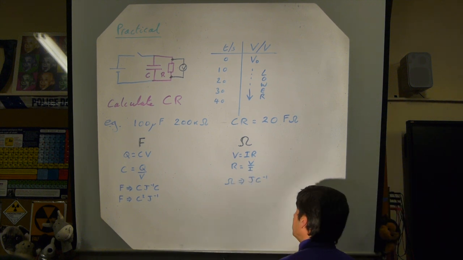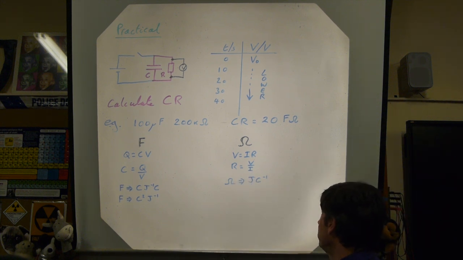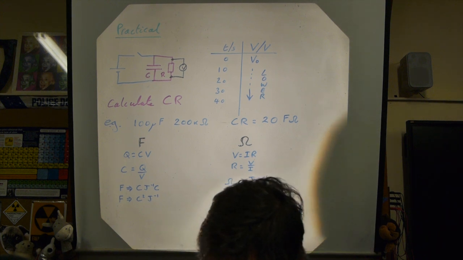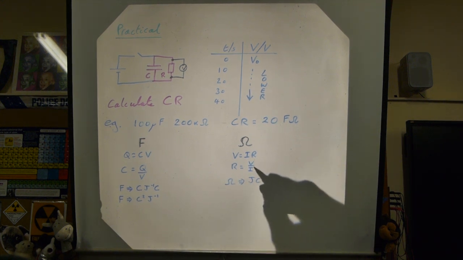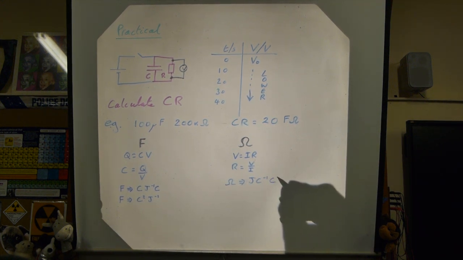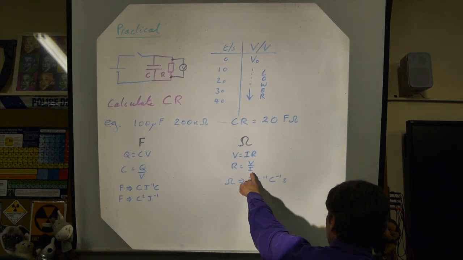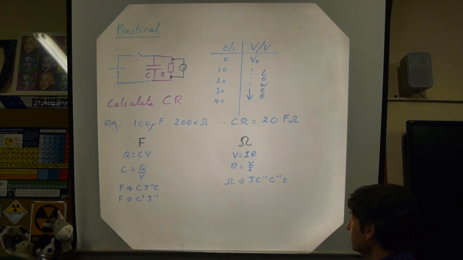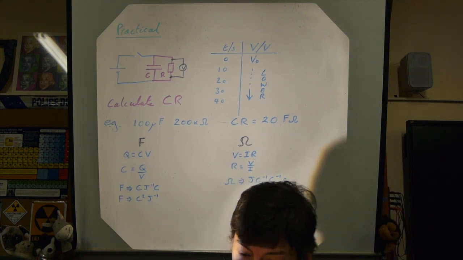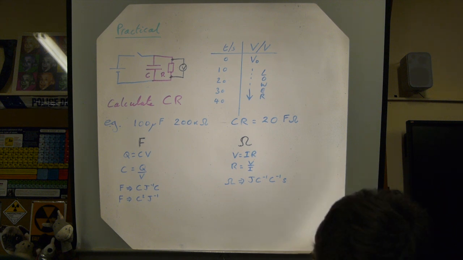But an amp is a coulomb per second, so it's per coulombs per second. Can you see why I've not done coulombs per second? I've done coulombs to the minus 1 seconds because we're dividing here. Right, we're almost there. Perhaps you're quicker than I am on this.